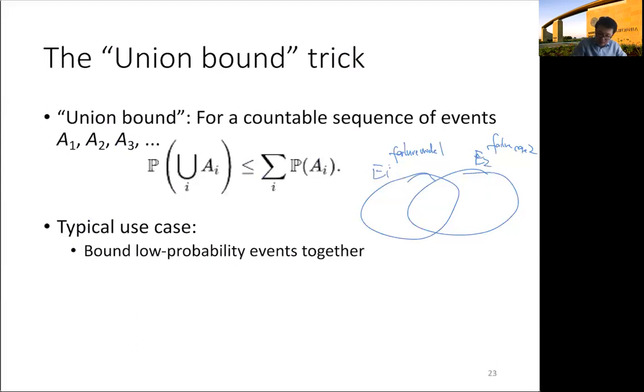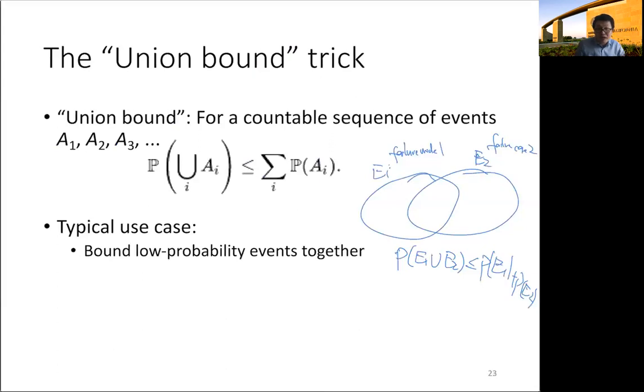What the union bound is saying is that the area of the union is smaller than the areas of the two added up. So P of E1 union E2 is always smaller than P of E1 plus P of E2. It's a very straightforward identity that turns out to be very useful.